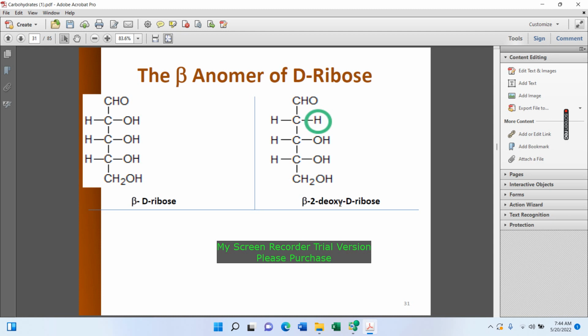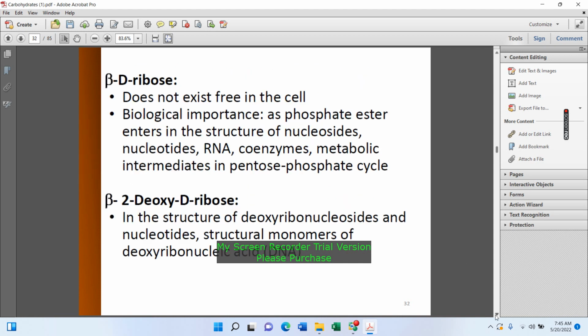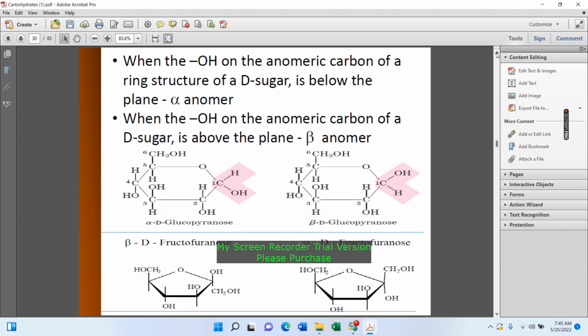What has happened here is that instead of a hydroxyl group, you can see an H here. The slide should be given a citation. Now the explanation is given here.